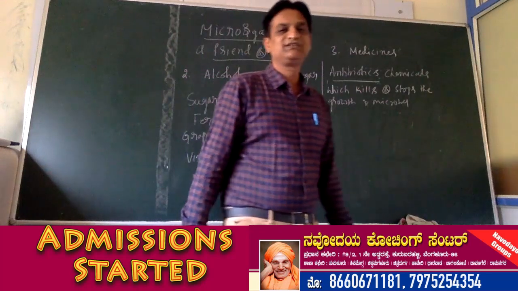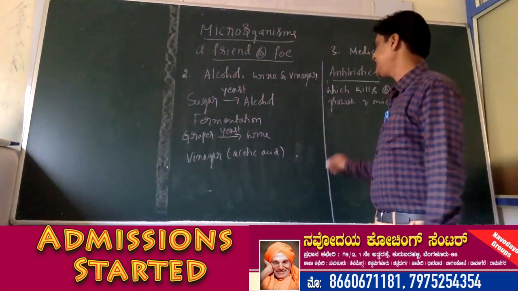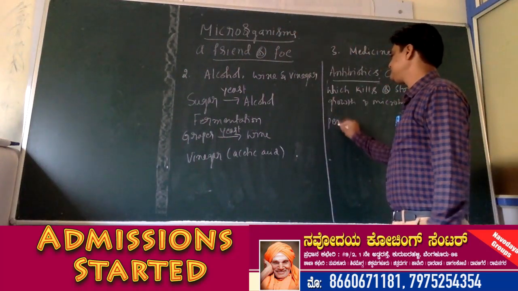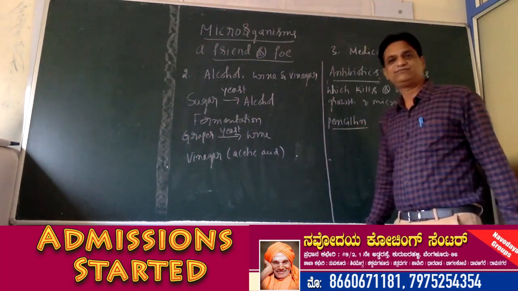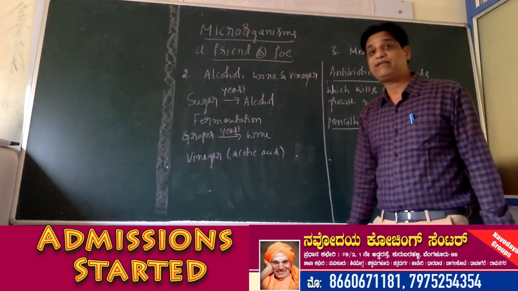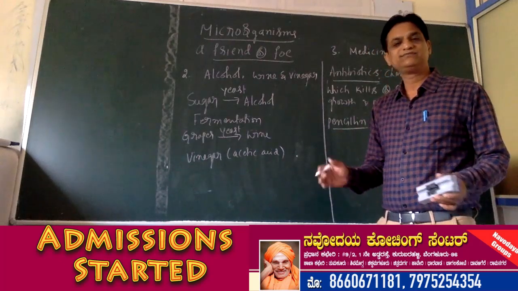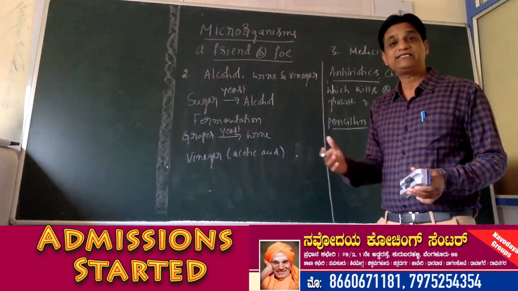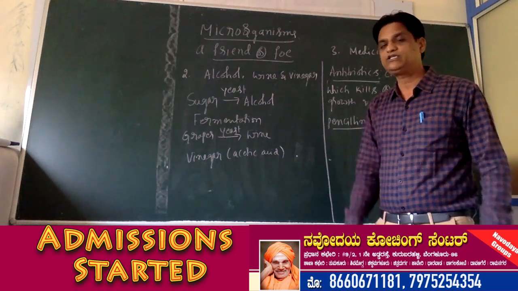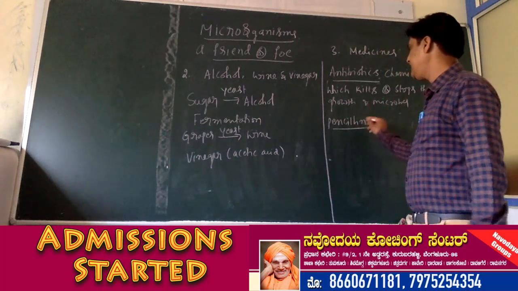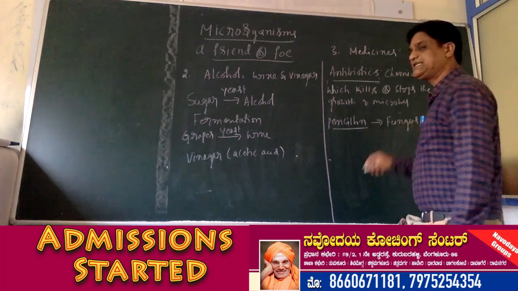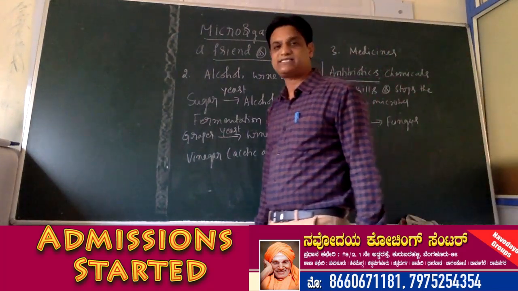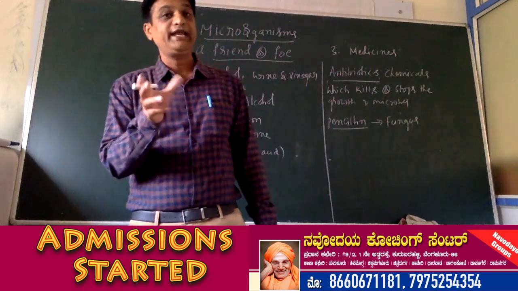So the most famous antibiotic is penicillin. Okay, Alexander Fleming prepared penicillin for the first time and he got the Nobel Prize for that. Penicillin is actually prepared from a fungus, Penicillium notatum.